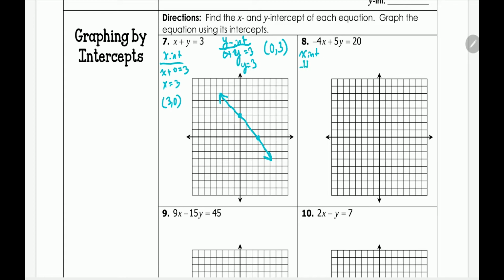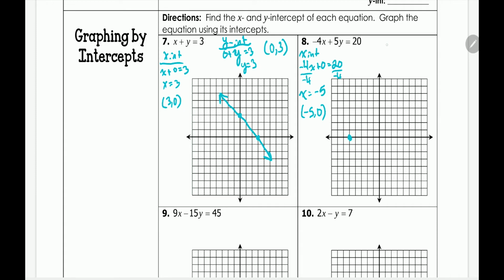So we have negative 4x plus 5 times 0, which is 0, equals 20. To solve for this, we divide by negative 4 on both sides. We have x is equal to negative 5. So our first point is going to be (-5, 0). So 1, 2, 3, 4, 5.